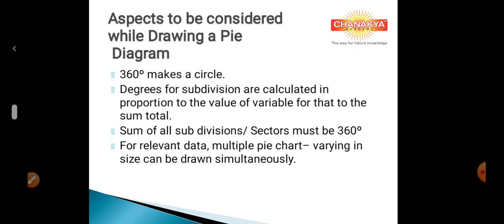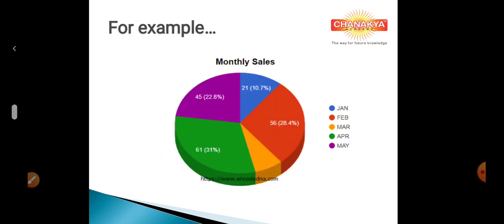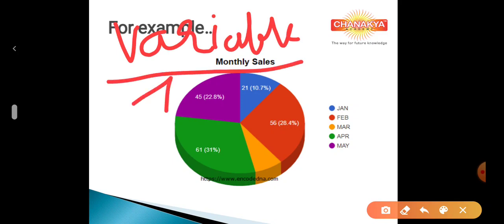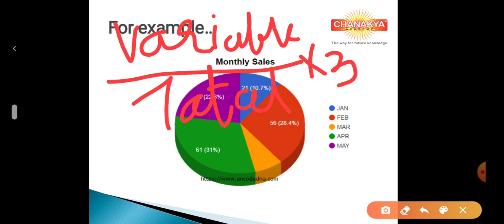So from this we can derive the formula that degree is equal to component value or variable value divided by total value, multiplied by 360 degrees. I write over here again, that is, variable value divided by total value into 360.